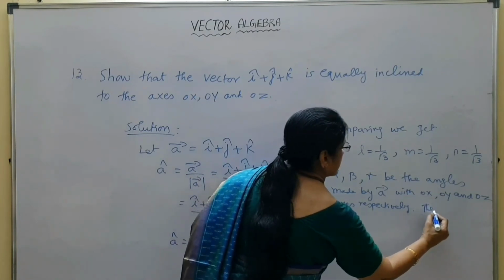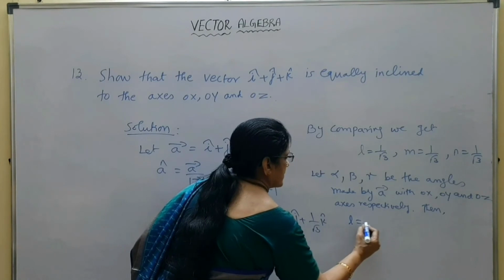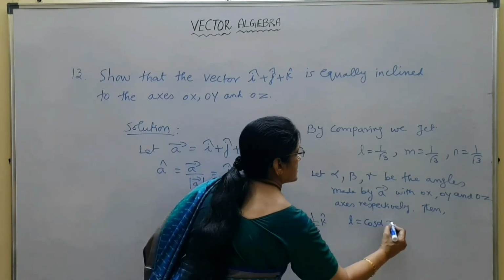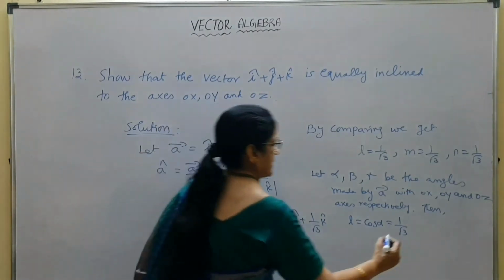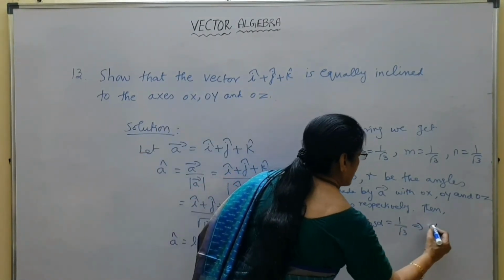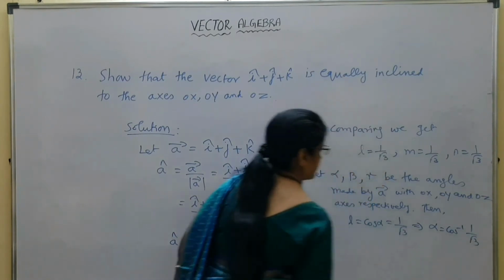Then what do you get? L is equal to cos alpha is equal to 1 by root 3 implies alpha is equal to cos inverse 1 by root 3.